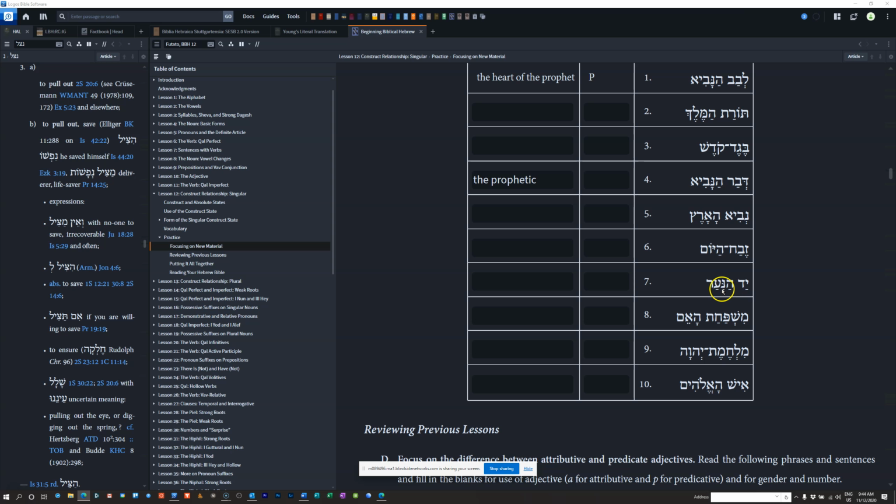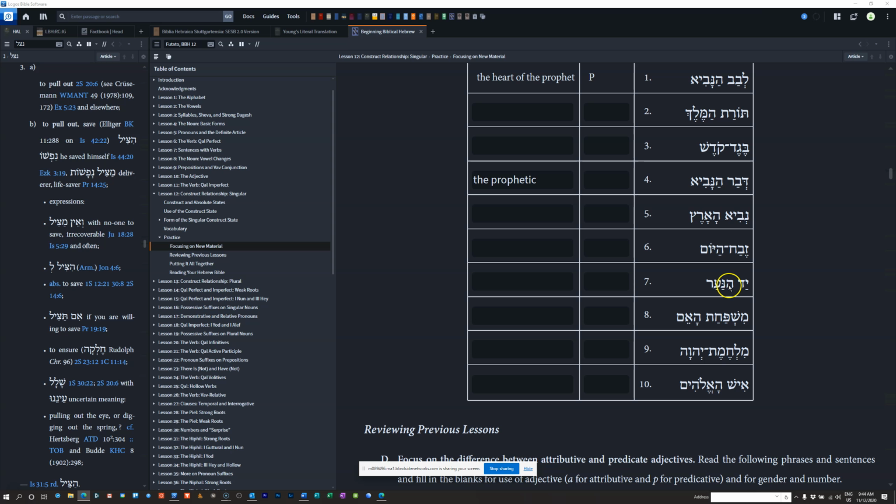The hand of the servant or the hand of the boy. Now, that makes perfect sense as possessive, the servant's hand or the boy's hand. If you were to turn hana'ar into some sort of a description, it could work. You know, the servile hand, the serving hand, something like that maybe.